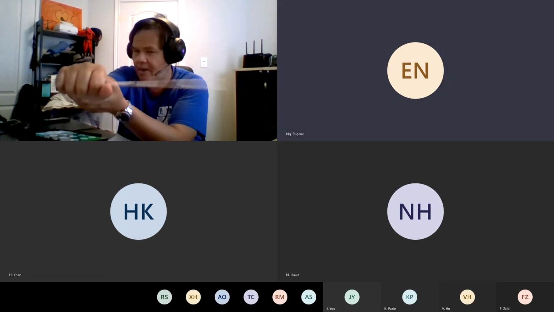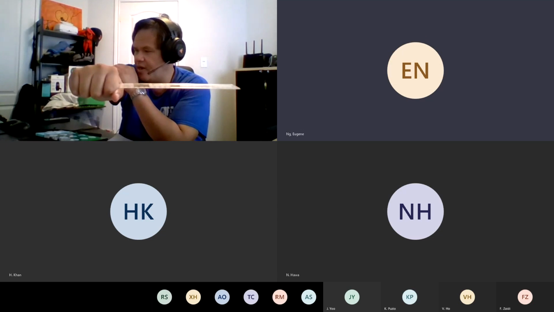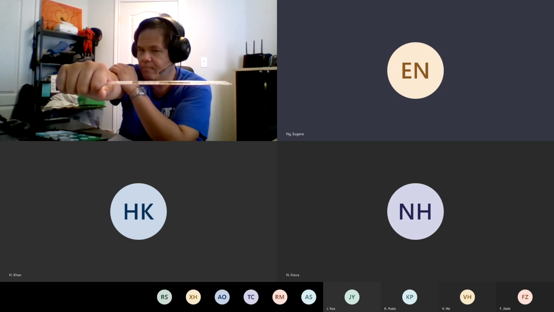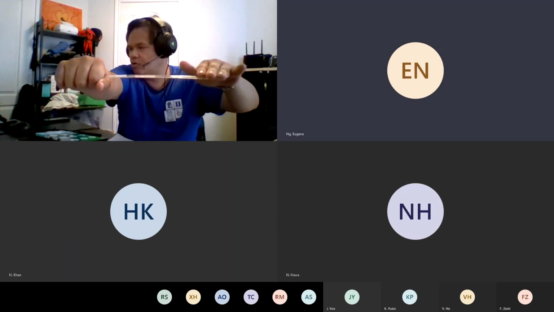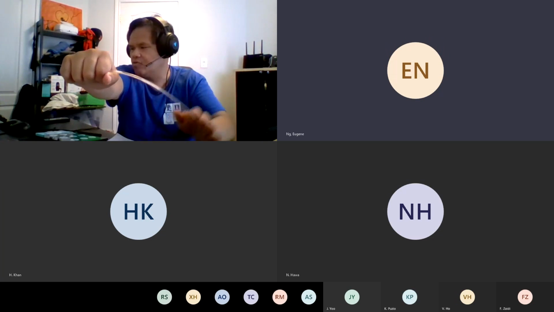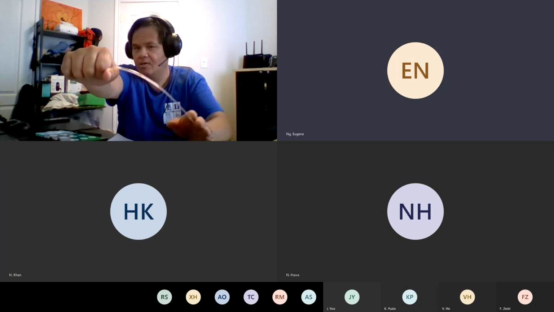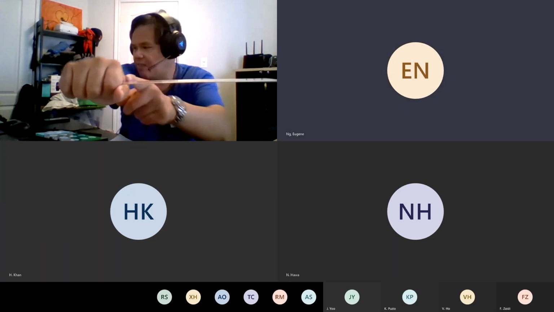So where my fist is now is where the cantilever is built in. The other hand, my flat palm, is the load, right? So when I push it down, you can see the deflection goes on, right? But I want you to look at the angle, the slope down here at my fist.